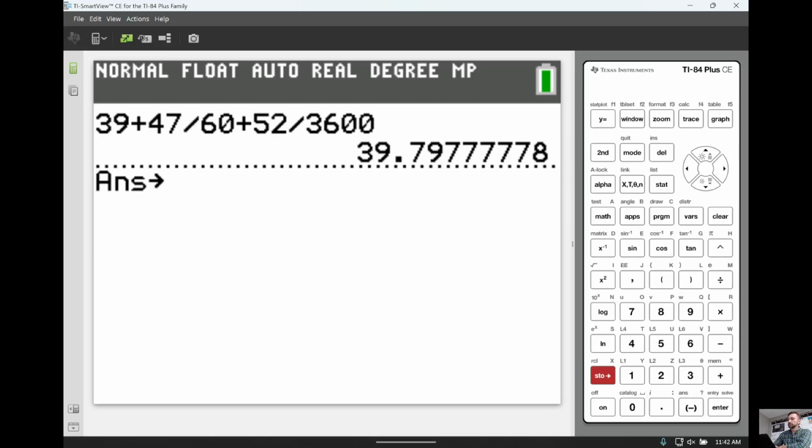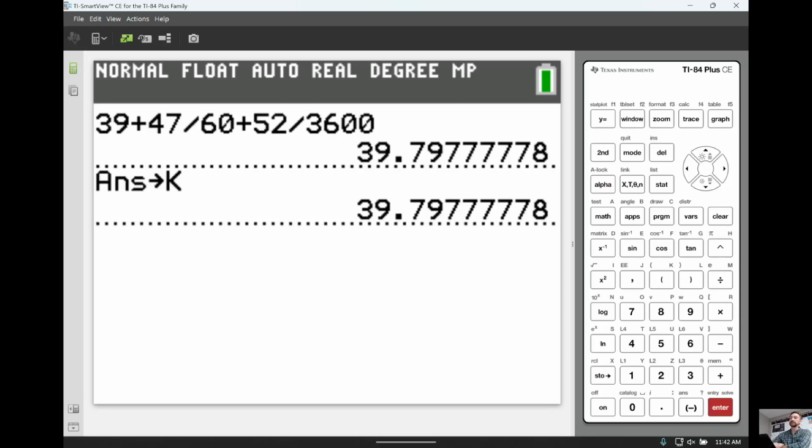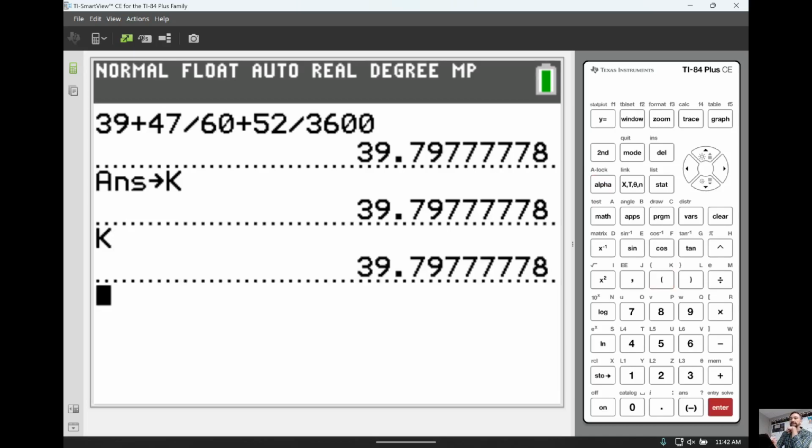So for me, this was supposed to be the angle for, is this Kansas City or Fayetteville? Kansas City. Okay, so I'm going to choose to just store it in for K, for Kansas City, because that makes sense to me. So now, anytime I type in K, my calculator knows I'm talking about exactly this. Not going to round until I absolutely have to at the end of the question.